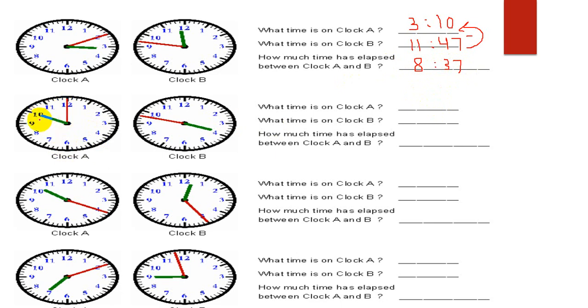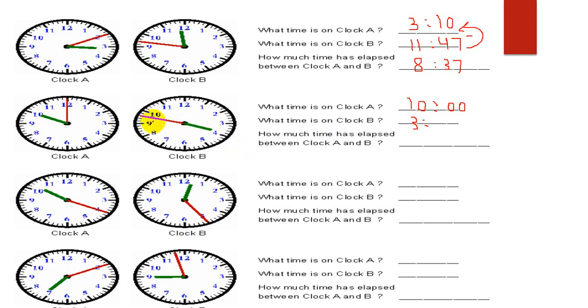What is the time on clock A? Yes, exactly 10 o'clock. The short hand points to 10 and the long hand points to 12. So the time is 10 o'clock. Clock B, the short hand is between 3 and 4. Write 3 or 4? 3, the smaller number.